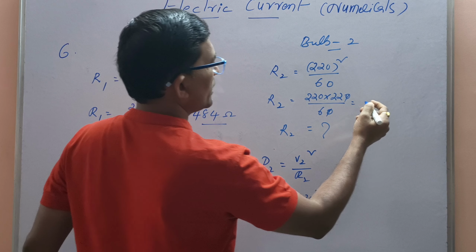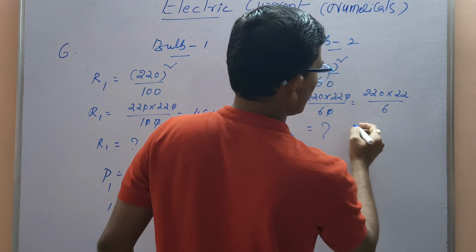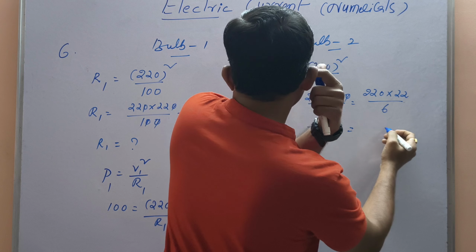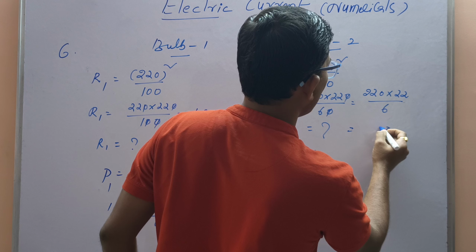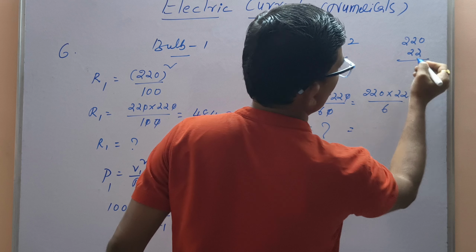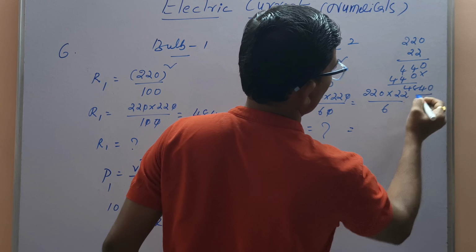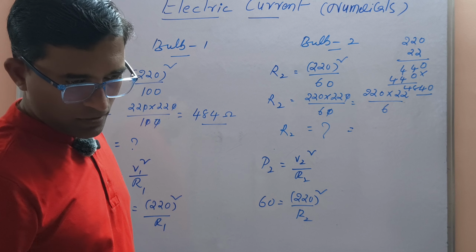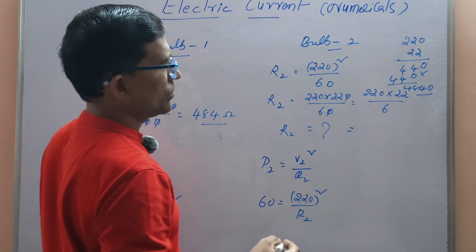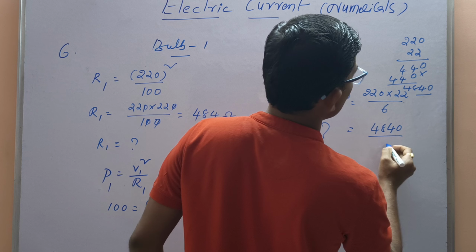It will become 220 into 22 by 6, which is 4840 by 6.